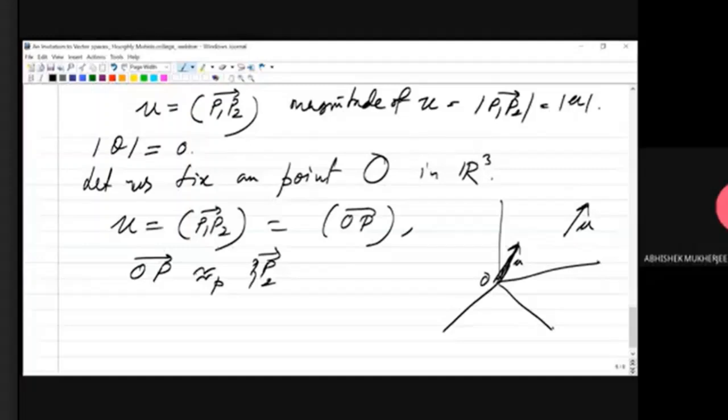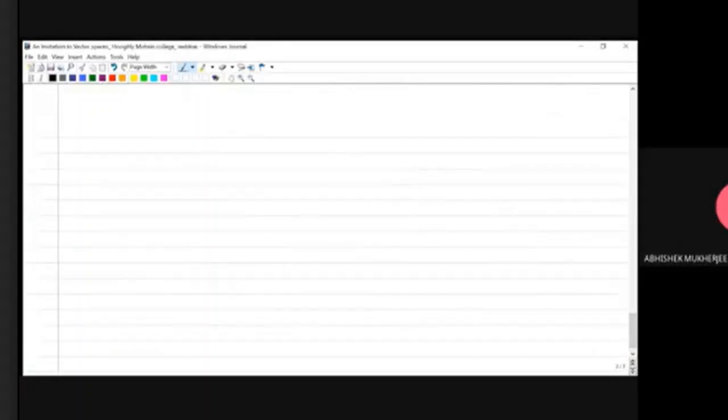Similarly, if you consider any localized vector from the origin, then this will give you another class. That is, given any point P, you can have this arrow, and this will give you a vector in V. For that reason, we call these representations of vectors position vectors.